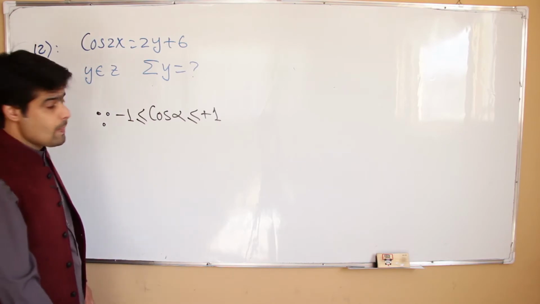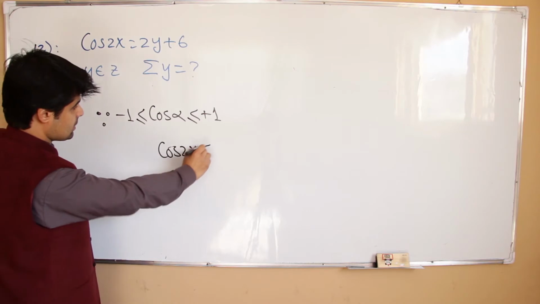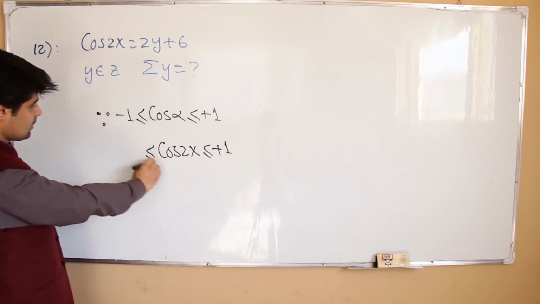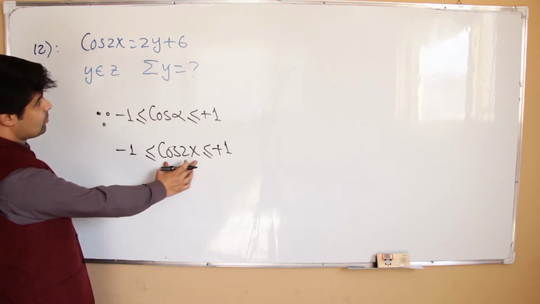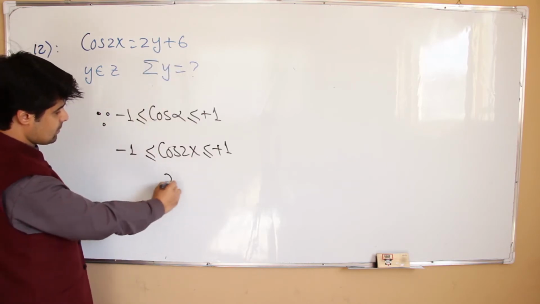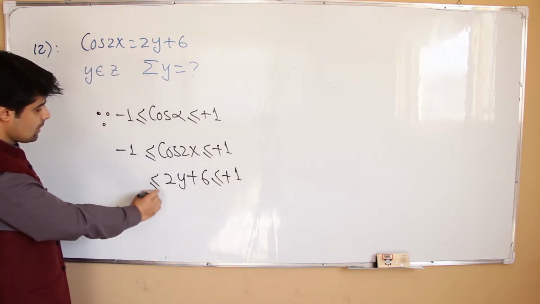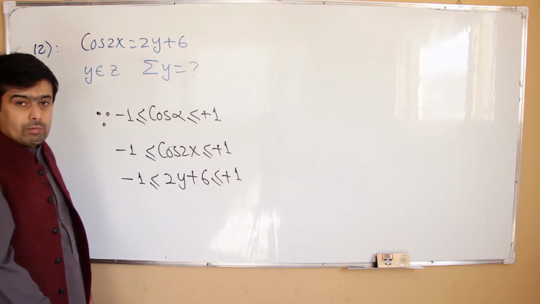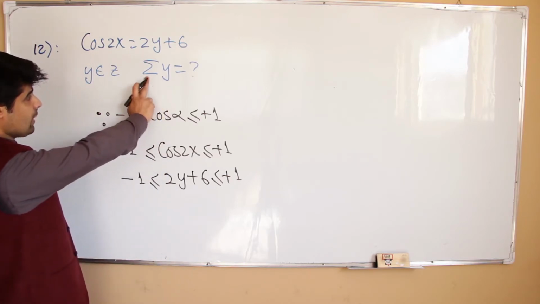Our alpha is 2x, so cosine 2x is between positive 1 and negative 1. Instead of cosine 2x, you can put 2y plus 6 between positive 1 and negative 1. Now we have to solve this for y and find the summation of the y.